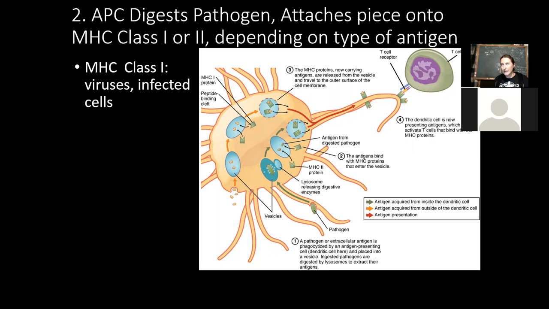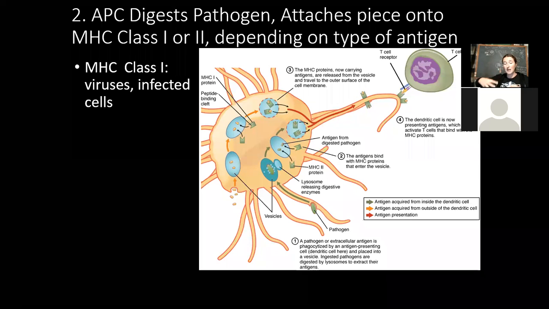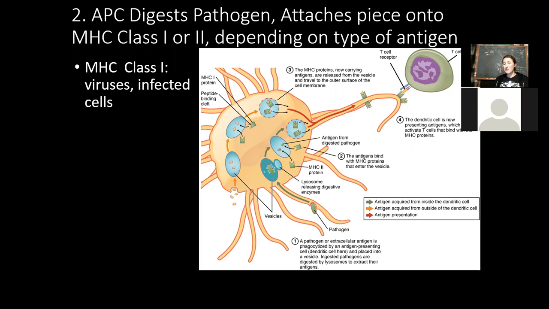They can't reproduce on their own. They can't make their own proteins or their own RNA or anything. And so they actually inject their genetic material into a human cell, and the human cells stop doing what they're doing, right? I'm going to stop being a neuron, and all of a sudden I'm going to start making more virus proteins. I'm going to make more viruses.